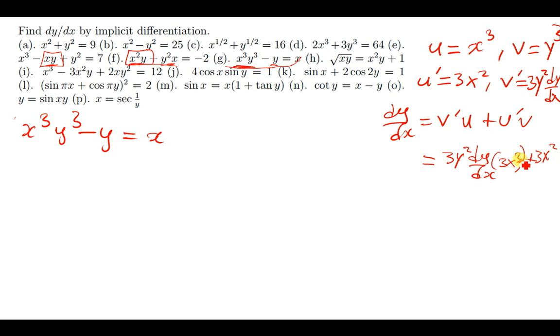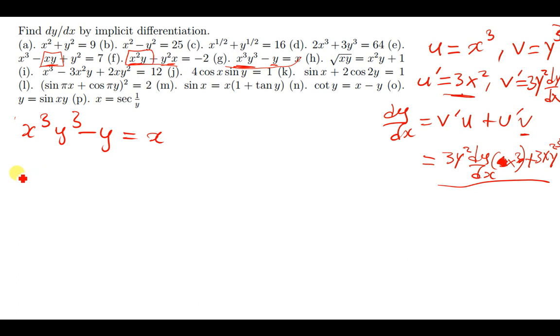U is x cubed. So we have 3x squared as u prime, and then the value of v is simply y cubed, so you also add y cubed to this side.